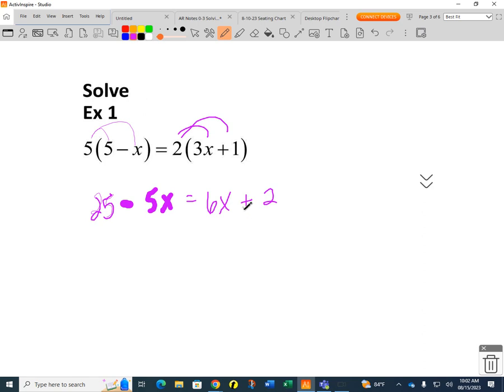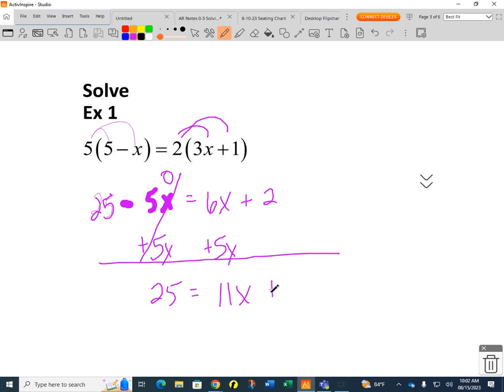My strategy for you guys, I suggested, was to find the smallest coefficient on the variable term, so that's going to be negative 5, and do the opposite of that. So that's minus 5x. So we're going to add 5x to both sides. So that's going to give me 0 for that variable term. 25 equals 11 times x plus 2.